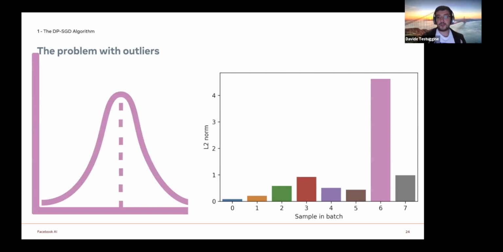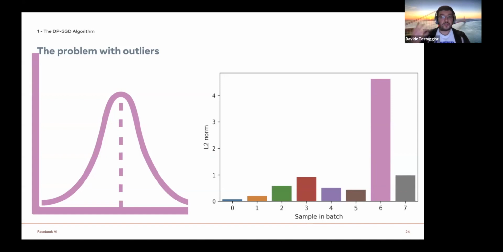And of course, if you dimension it on number 6, I will be destroying signal from everybody else. There's an even subtler point here. Not only that, but I would still not be protecting the privacy of number 6. Why? Because by dimensioning it on the biggest of the batch, I would know that this batch contains an outlier, and so if I'm an adversary, I would be obtaining some extra piece of information here.